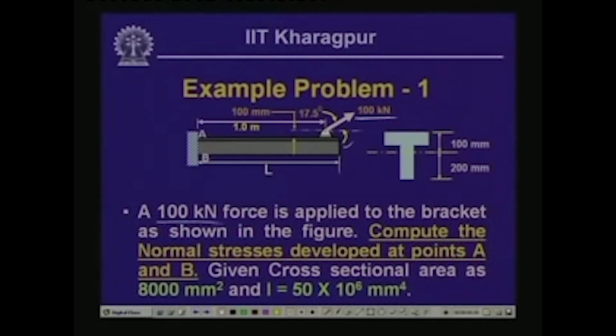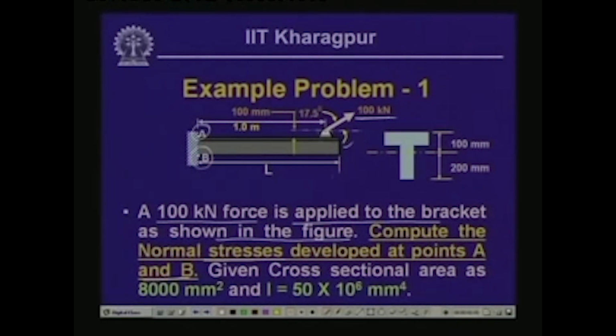So, a 100 kilonewton force is applied to the bracket as shown in the figure. What you need to do is compute the normal stresses developed at points A and B, which are on the outer surface of the beam at the top and the bottom surface.